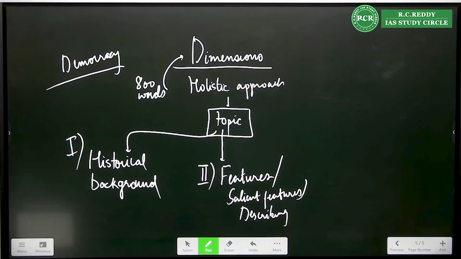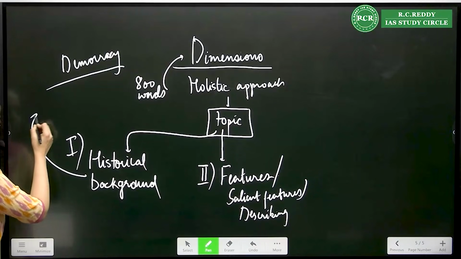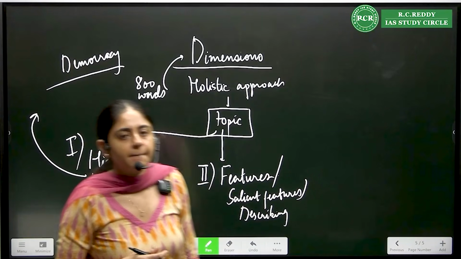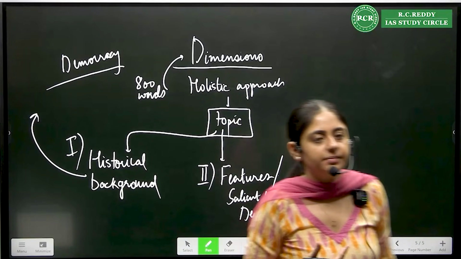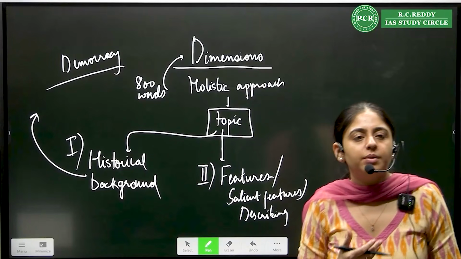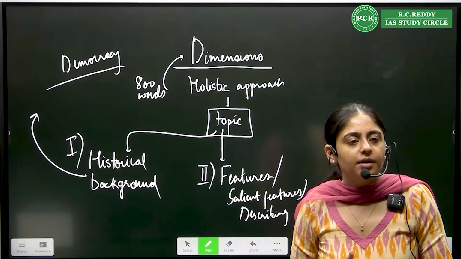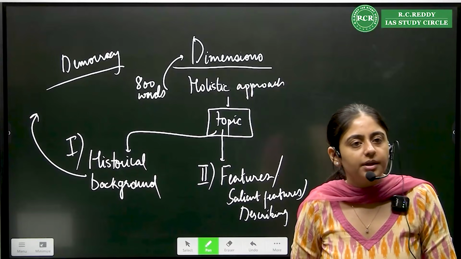Now, historical background about obesity you might not have much, but in fact, you can write something in the direction that in traditional times, the diet used to be very simple and physical activity used to be very high, so lifestyle diseases like obesity were not present. Now, this is also historical background.